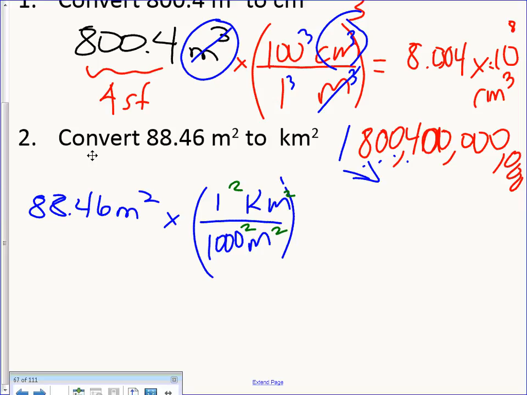Now that you have meters squared on the given, it will cancel with meters squared in the denominator. But what is the final answer? It should be 88.46 divided by 10 to the 6th, which is 8.846. Kilometers squared.